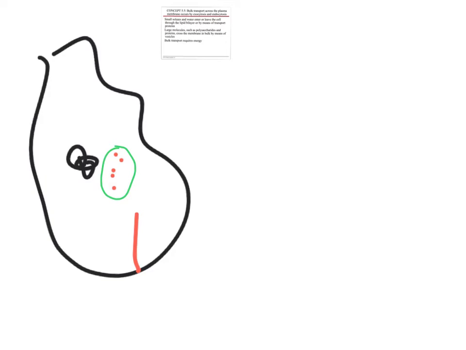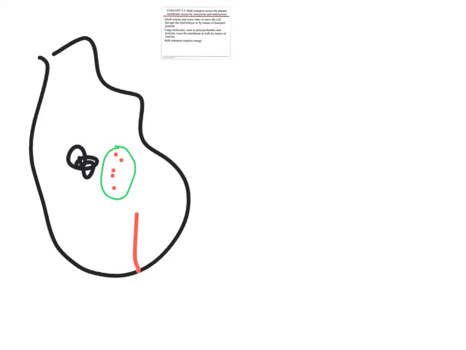So that green circle up there is really a phospholipid bilayer. It is made up of the same stuff that the plasma membrane is made up of. There's proteins in there, there's phospholipids in there. It is the same components that you'll see in the plasma membrane.